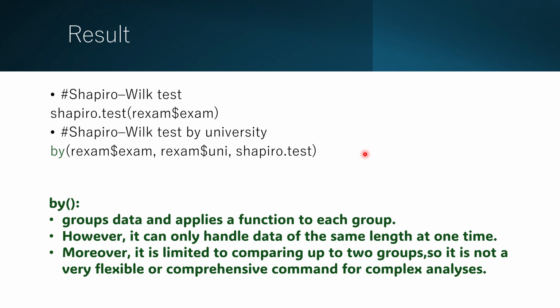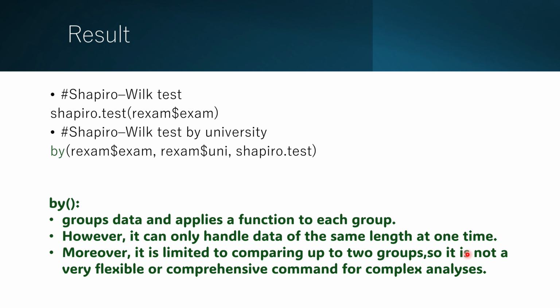Or we can also check the Shapiro-Wilk test with by(). by() means group the data and apply a function to each group. This function splits the dataset into groups based on the factor. Here, the dataset is rexam by university, and then we apply a function to each subset, in this case the Shapiro test.